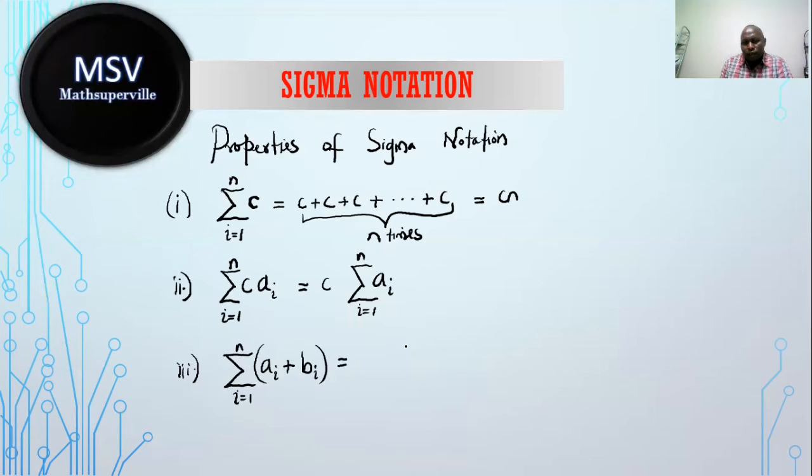And this gives us the sum of a sub i from i equals 1 to n plus the sum of b sub i from i equals 1 to n. So these are very important rules. I'm talking about the sum and difference, so I should include sum and difference to show that this is a condensed formula.